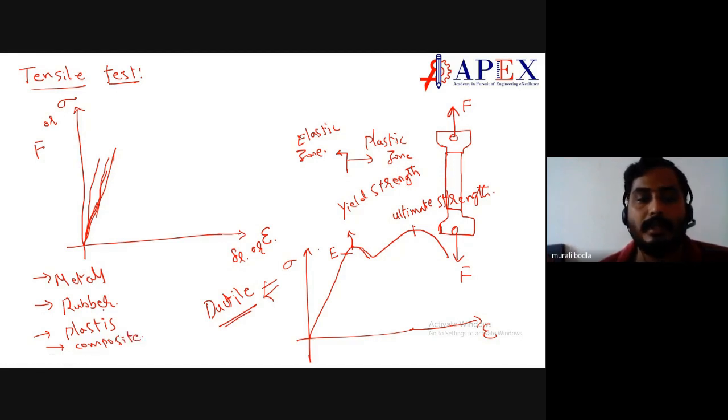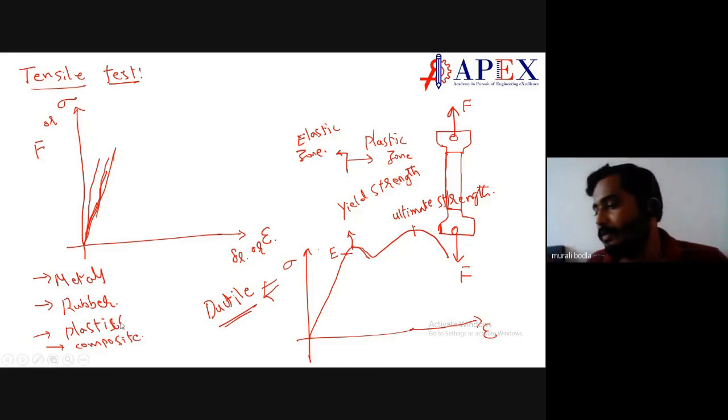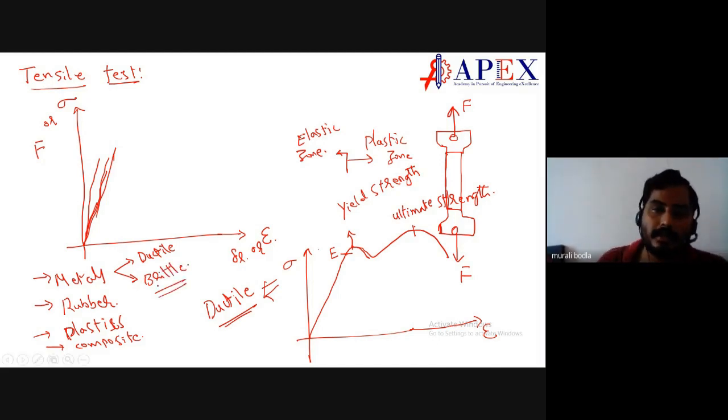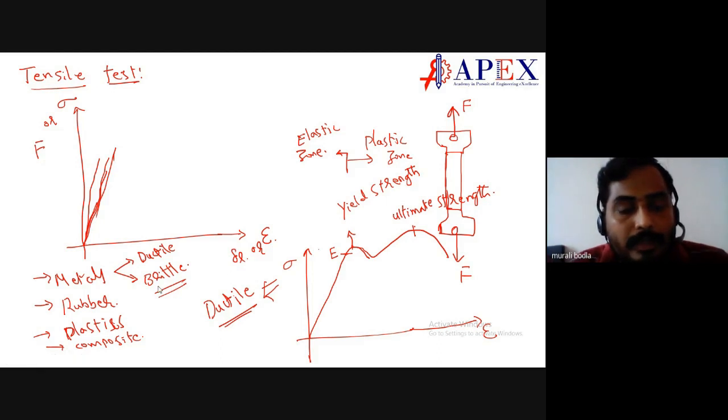Within the plastics again, thermoset and so many other things. Within the metals, we will only say that they are either ductile or brittle. This is a very crude way of classifying them, but for us this is sufficient for understanding the subject. So we will say either it is a ductile material or a brittle material.